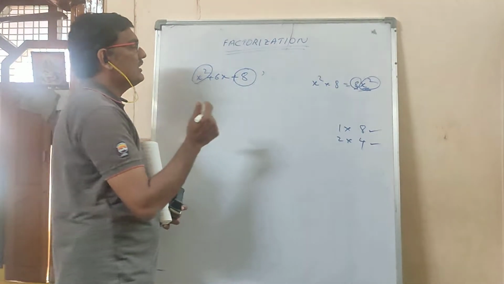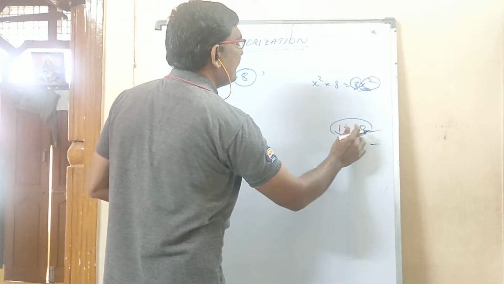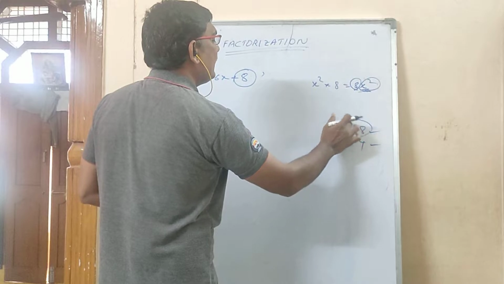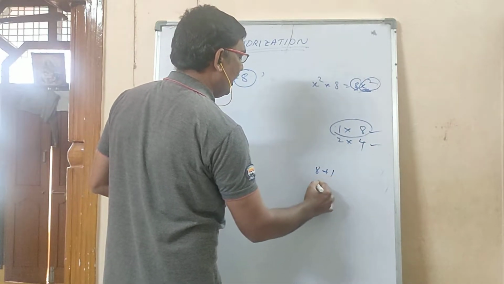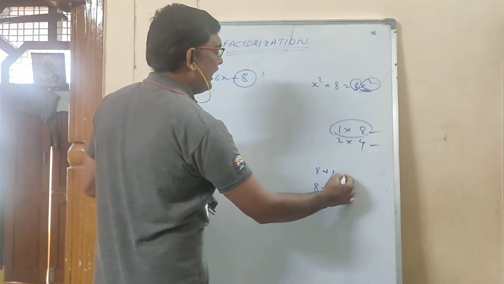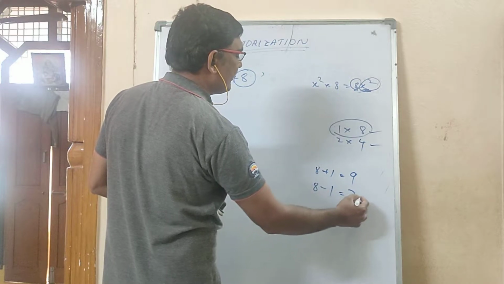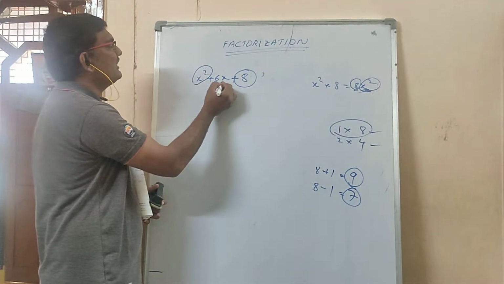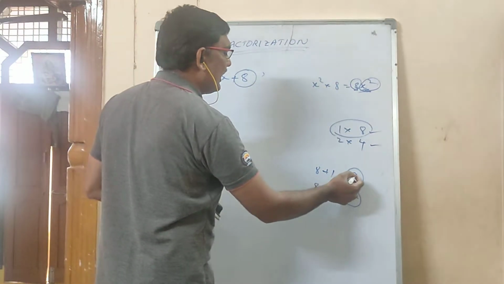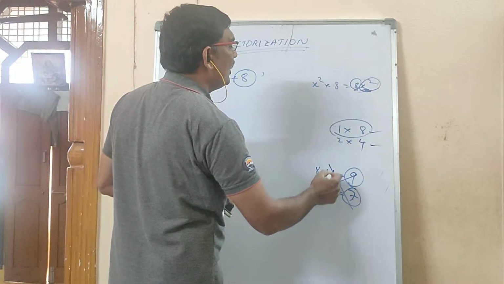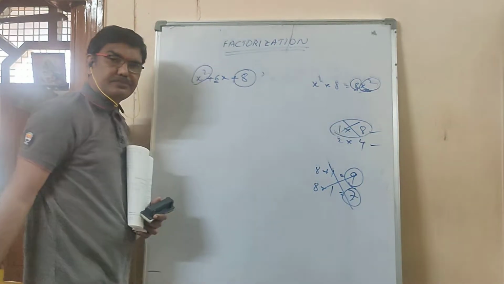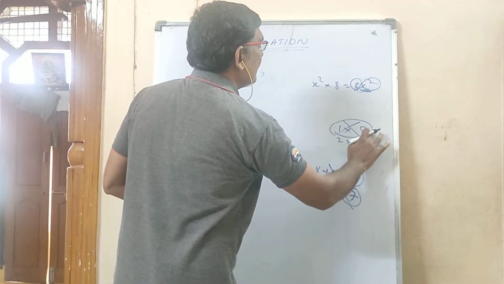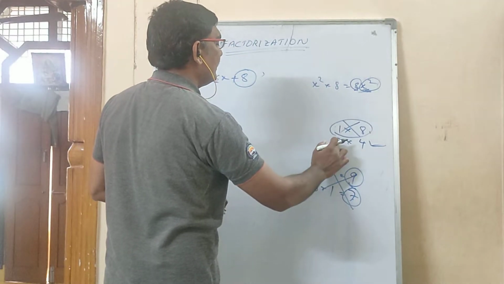Then what you have to do is, if you add or subtract 8 plus 1 or 8 minus 1: 8 plus 1 is 9, 8 minus 1 is 7. The coefficient of the middle term here is 6. It is not 9, it is not 7. So don't take 1 and 8. Now what remains here? 2 and 4 are there.